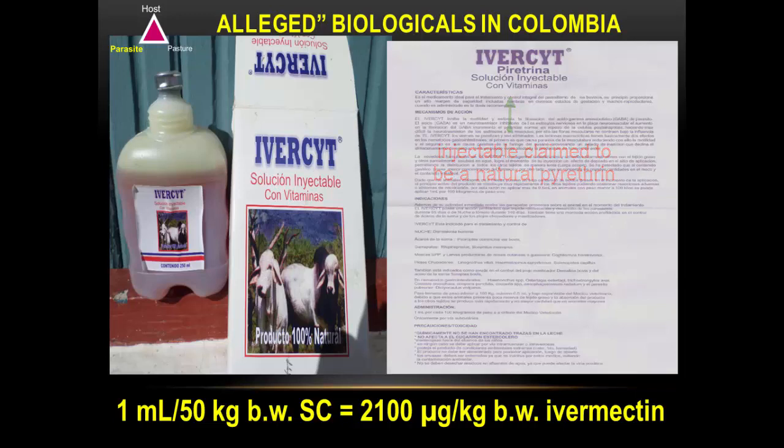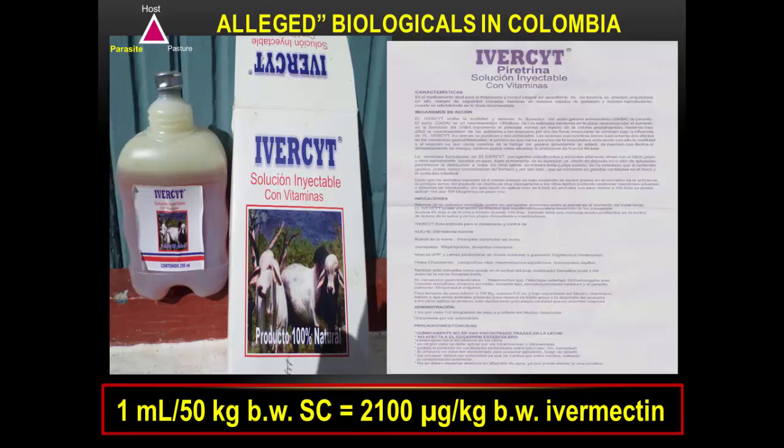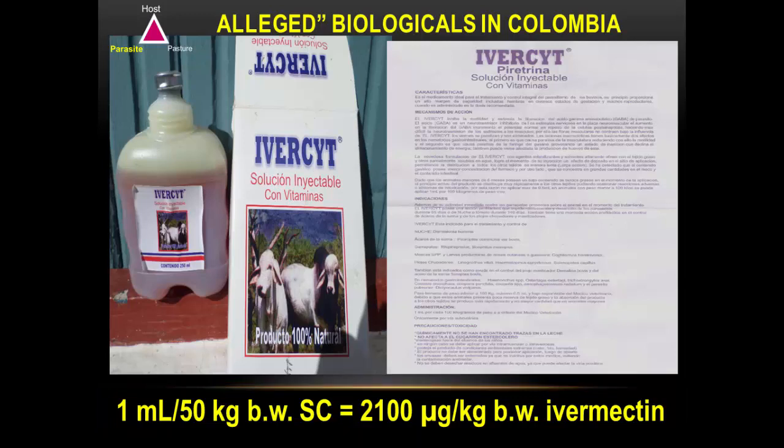We did some HPLC analysis and found a concentration of 10.5% ivermectin, and by using the dose recommended in the label, the animals are receiving a dosage of 2,100 micrograms per kilogram body weight, which is 4 times the maximum recommended dose by any approved ivermectin on the market anywhere in the world. To make things worse, the label also claims that the product doesn't create any residues on milk or the carcass of the animal, so there is no need for withdrawal times.